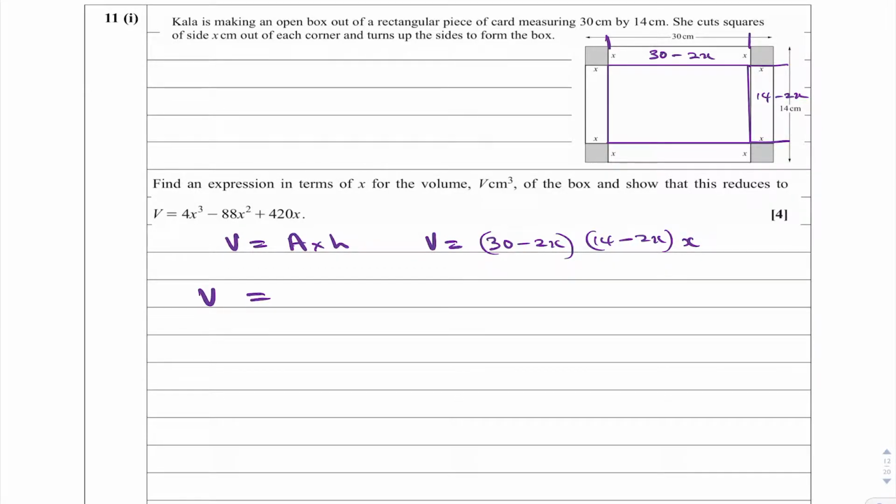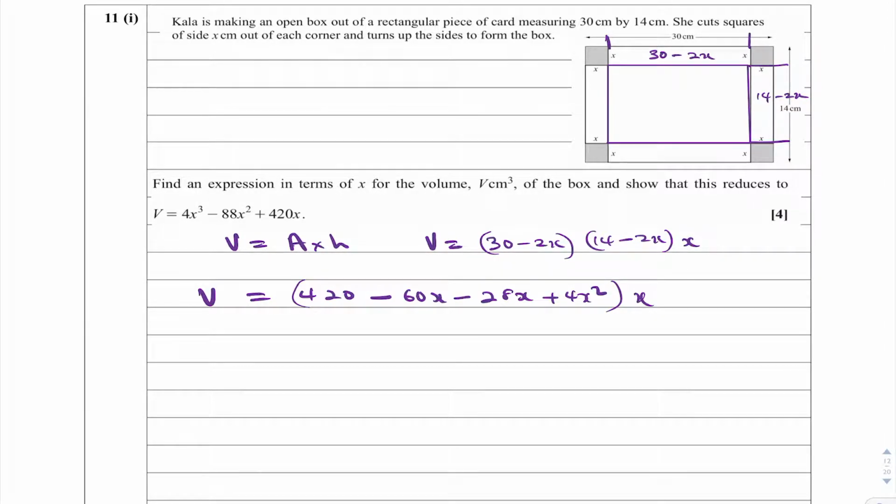V equals 30 times 14 is 420, minus 30 times 2x is minus 60x, minus 2x times 14 is minus 28x, plus minus 2x times minus 2x is plus 4x squared, all times x.